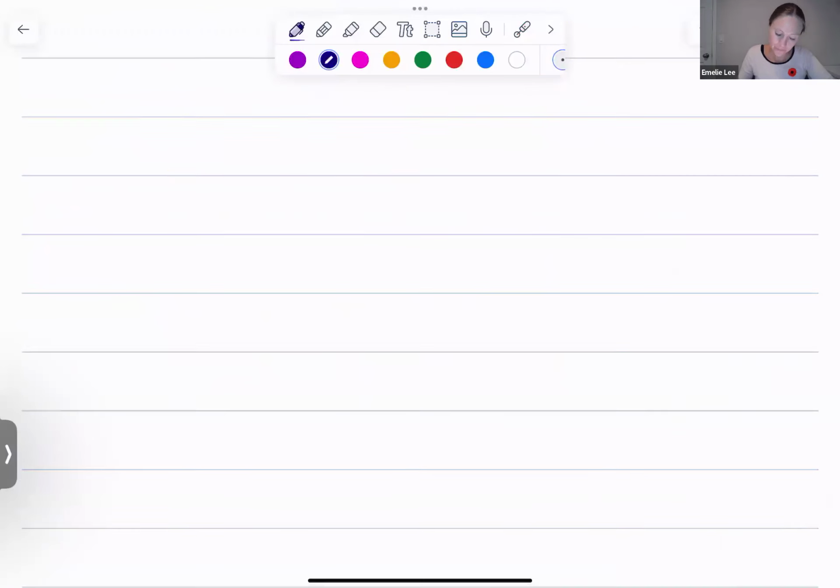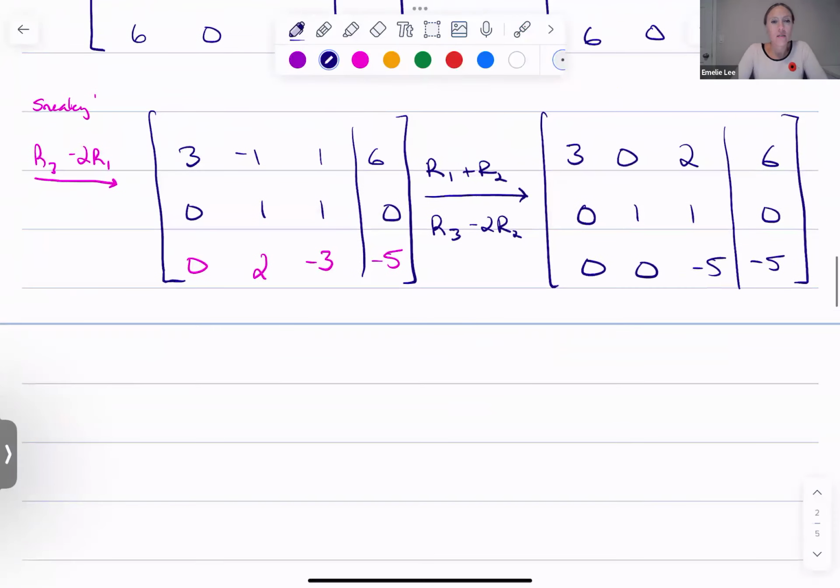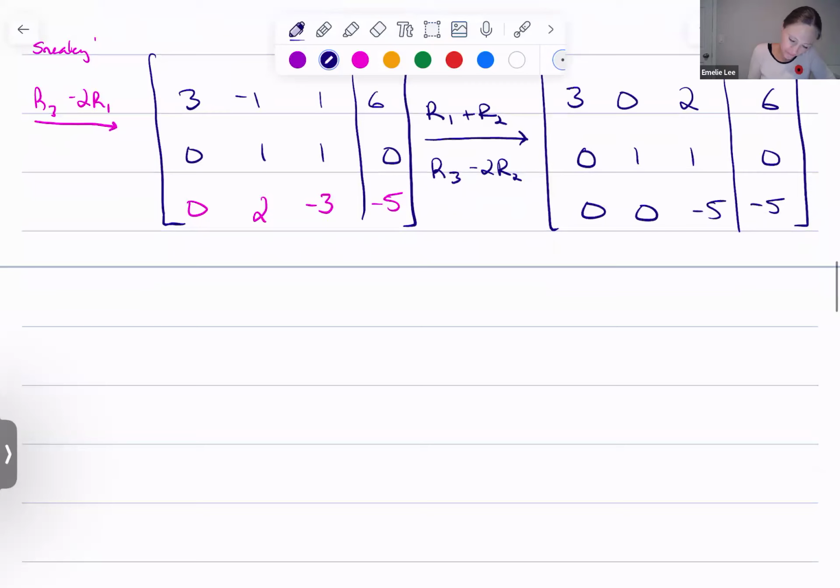Add a page here. Nice. So next thing we're going to do is we are going to turn this into a 1, right? That might be nice to deal with. And then we're going to eliminate these last two and then divide by 3, and then we're done. Just like that. So here we go.